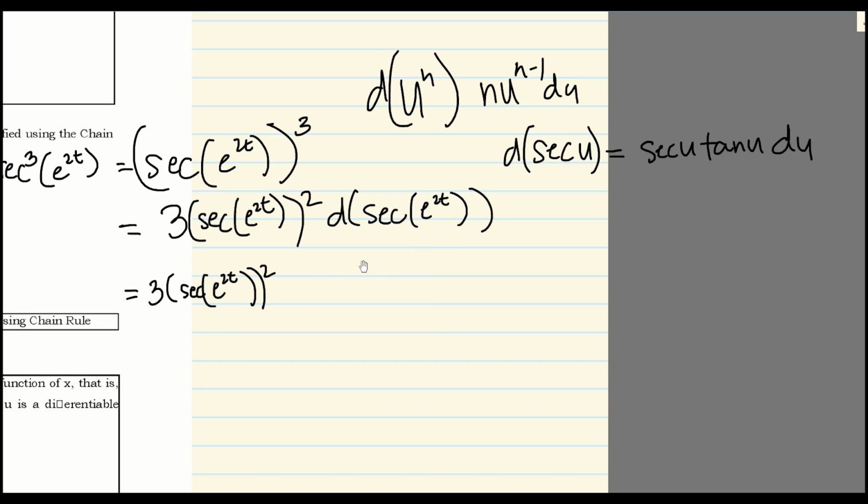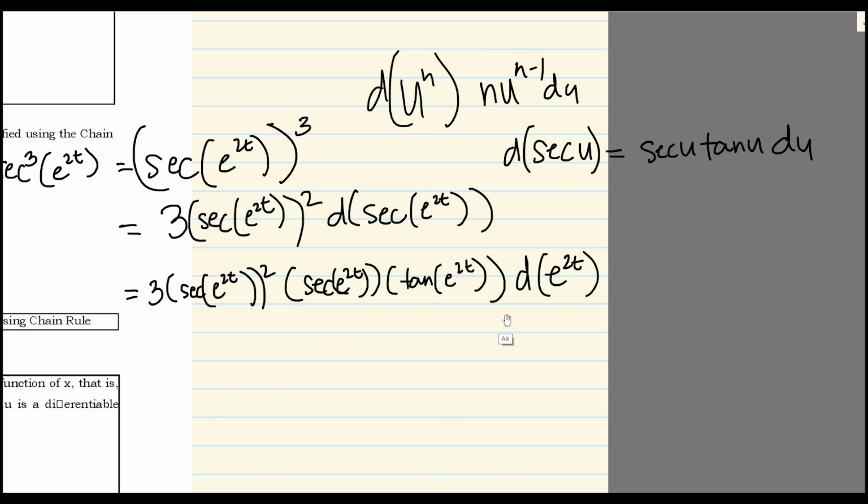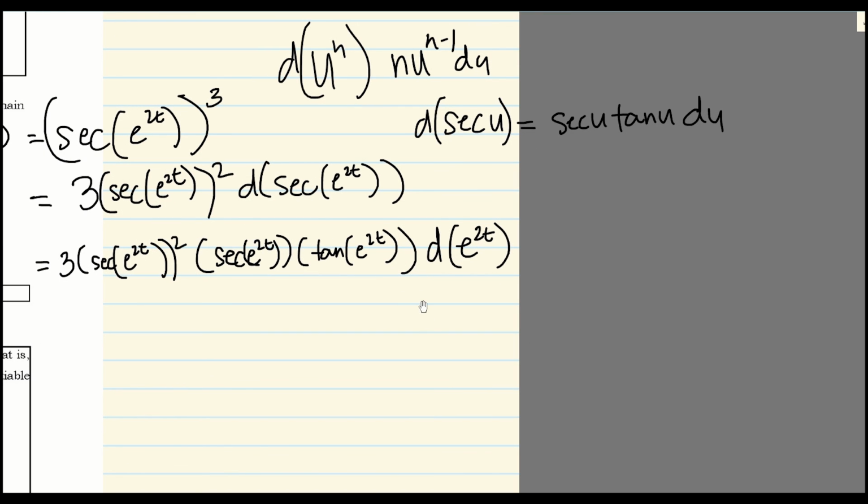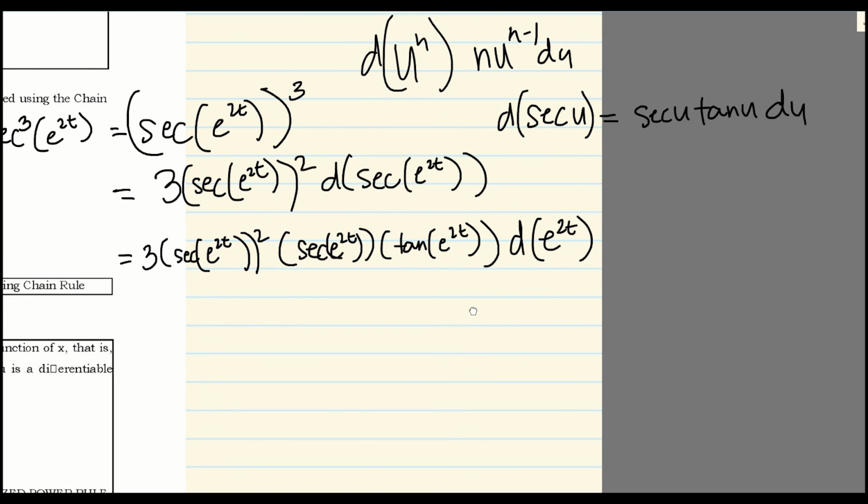The derivative of that is sec e to t times tan e to t. Our du is the derivative of e to the power of 2t. Okay, so that's our u right there.